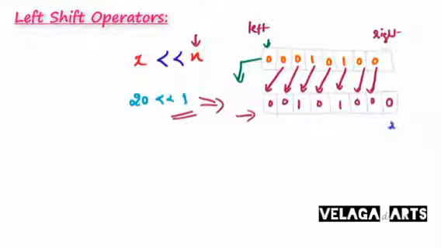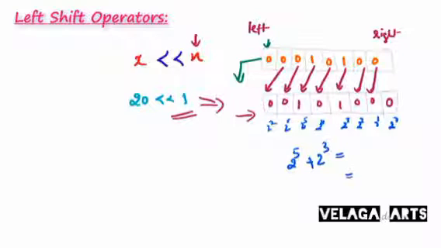Here this is 2 power 0, 2 power 1, 2 power 2, 2 power 3, 2 power 4, 2 power 5, 2 power 6, 2 power 7. 1 is present at 2 power 5 and 2 power 3. 2 power 5 is 32 and 2 power 3 is 8, so the total is 40. When we shift 20 by 1 bit, we get the result 40. And as I said previously, it is better to use these bitwise operators with unsigned operands.